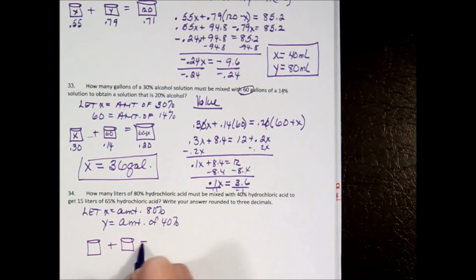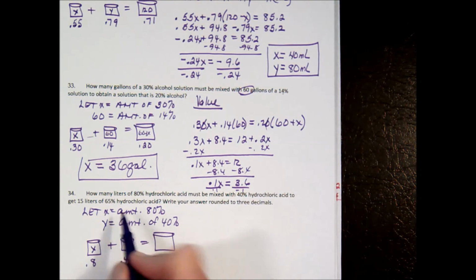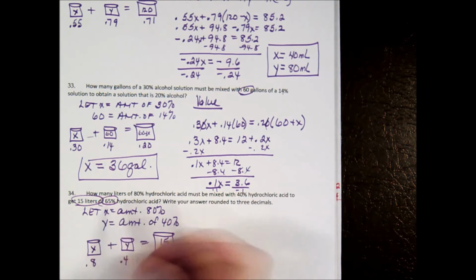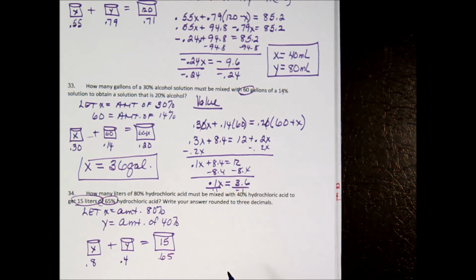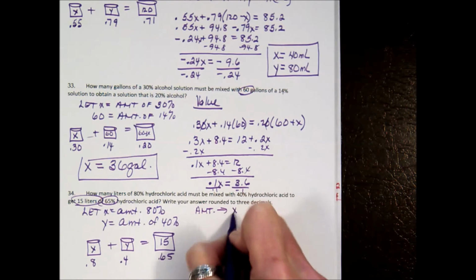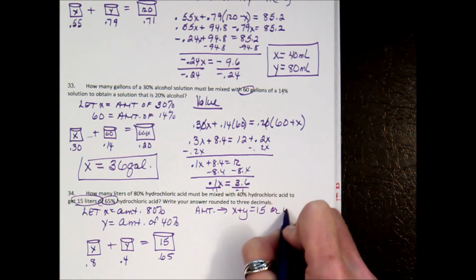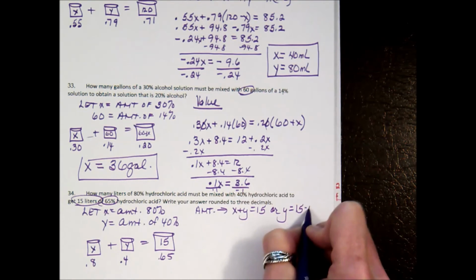All right, so I'm mixing 0.8, that's its label. Here's its label. And I want to get 15 liters. So this has to be a 15, and we want it to be 0.65. So my amount equation is x plus y equals 15. Solve for y, or y equals 15 minus x. That becomes my substitution equation right there.